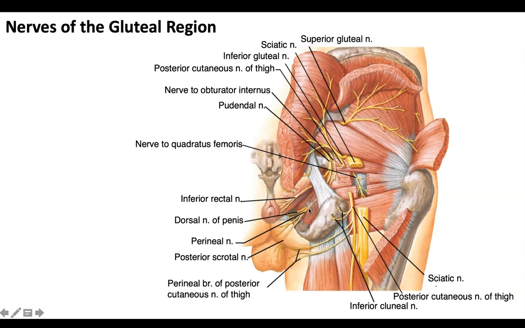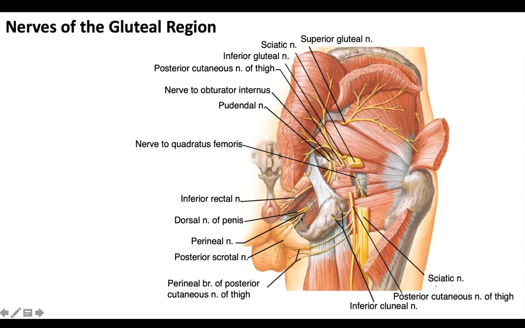As I already mentioned in my perineal lecture, it lies in the pudendal canal within the ischioanal fossa, in between the anal canal and the ischial tuberosity. In the ischioanal fossa, the pudendal nerve and internal pudendal vessels lie in the pudendal canal.